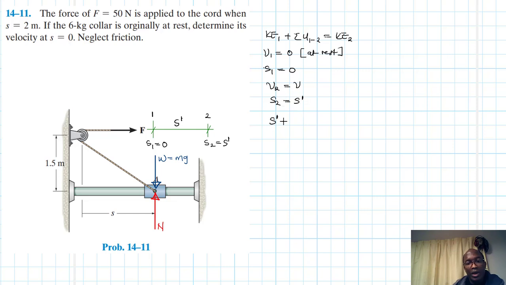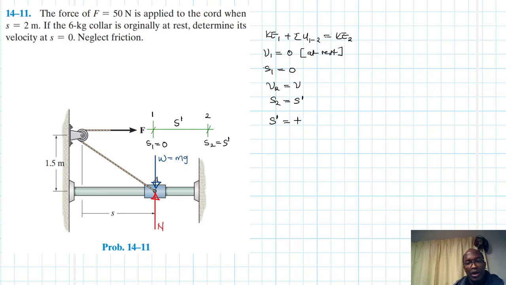S prime is going to be found as follows: because this collar is moving up to here, when it reaches here, the cord will have lengthened to this point. So to find S prime, we need to find this length and subtract 1.5 from it.